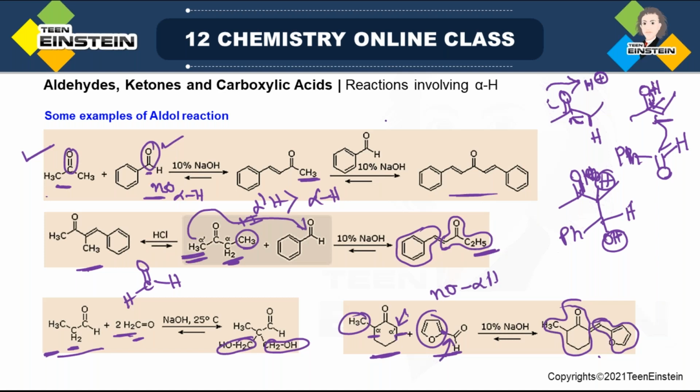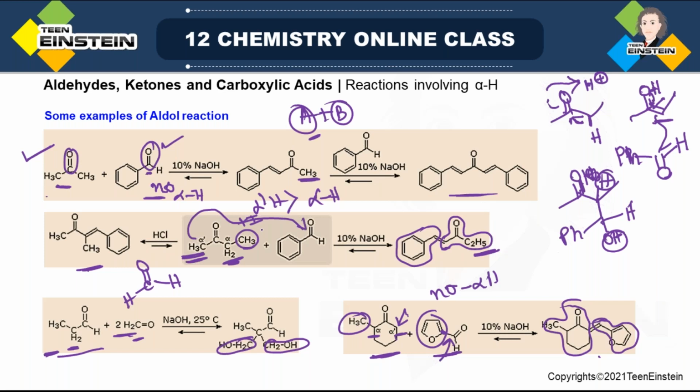Because suppose you have taken 2 carbonyl compounds A and B, and in both A and B there is alpha hydrogen. Now the problem is sometimes it may happen that A will generate the carbanion and attack B, or it may be the opposite, B can form a carbanion and attack A. So this is cross aldol. But think about the other possibility. B can attack another molecule of B, that is carbanion of B attacking another B, and carbanion of A attacking another A. So 4 different combinations we will get.